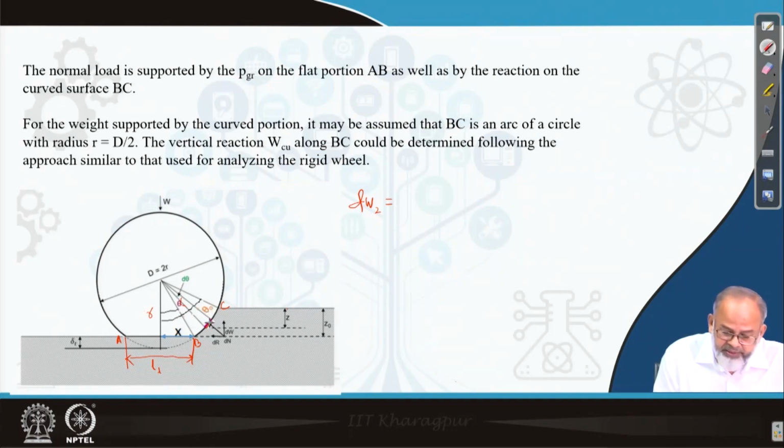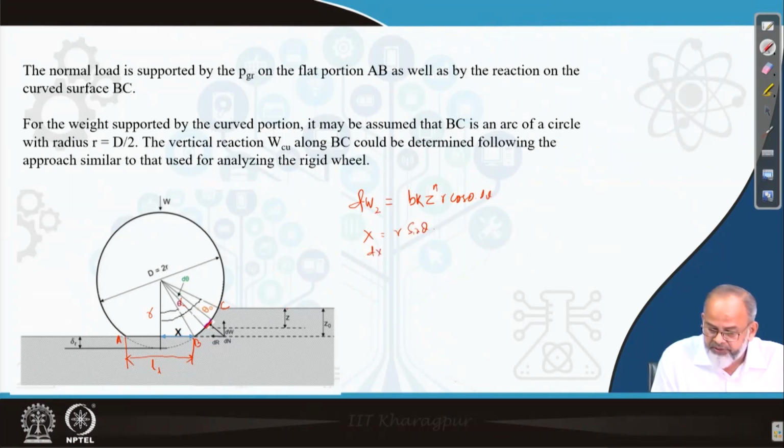So, whatever force is acting on that area is indicated as dW2, and dW2 will be equal to Bkz to the power n r cos theta d theta. Okay. Now x, which I have indicated here, will be equal to r sin theta.